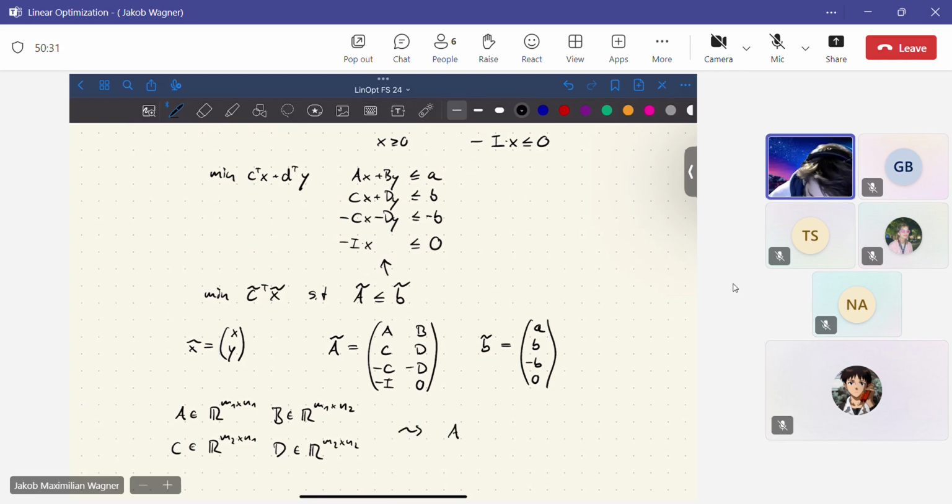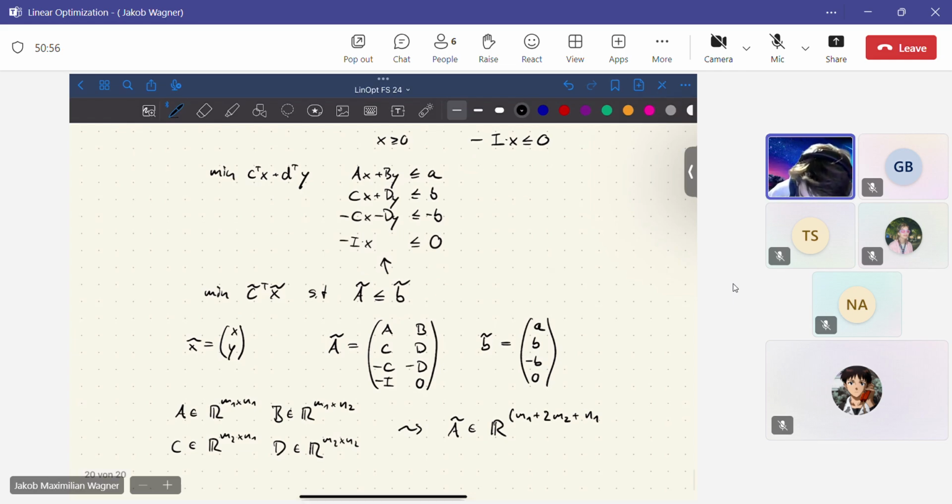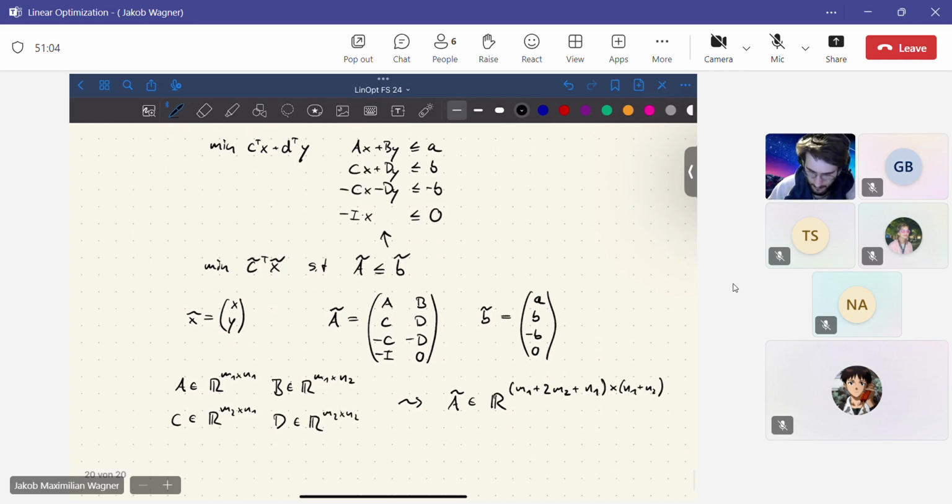This means that this new matrix is now a matrix that lives in, we have our original number of inequality constraints, we have doubled the number of the constraints that were equality constraints before, and we have plus the number of variables that had a sign constraint. And we have in total n1 plus n2 variables. And then all the other dimensions of the b tilde and the x tilde follow from this.